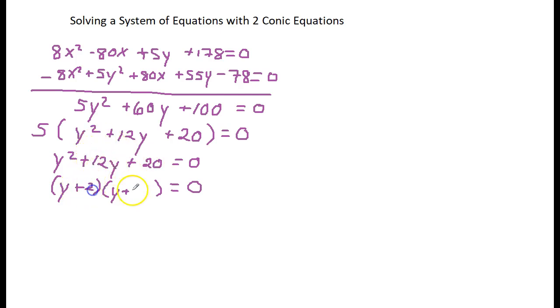Well, 2 and 10. 2 times 10 makes 20, and 2 plus 10 makes 12. Okay, so I have y plus 2 equal to 0, y plus 10 equal to 0. So subtracting 2, I have y equals negative 2. Subtracting 10, I have y equals negative 10.